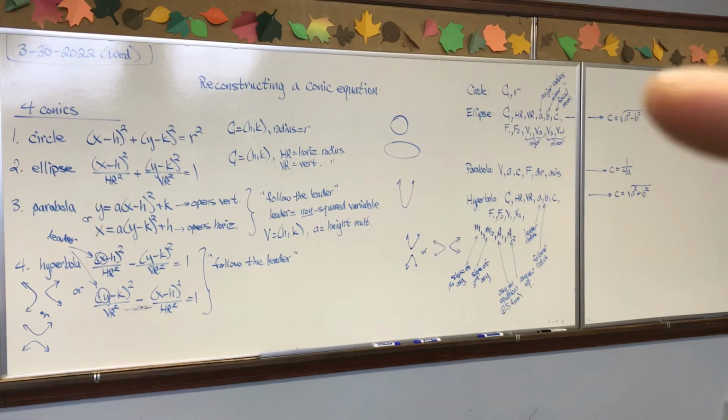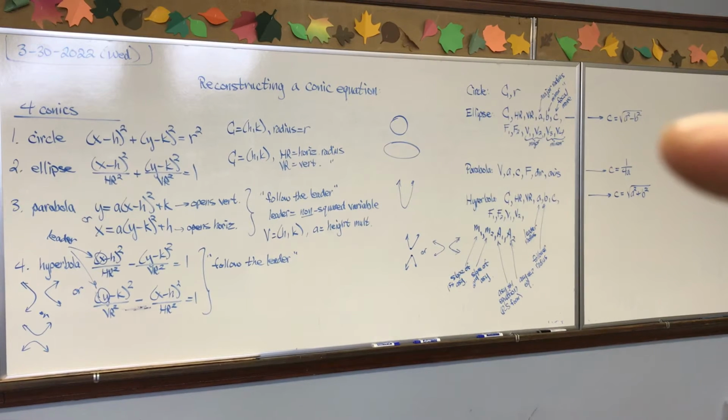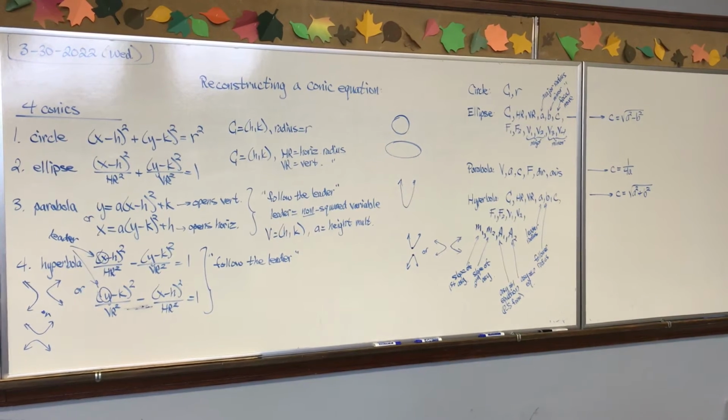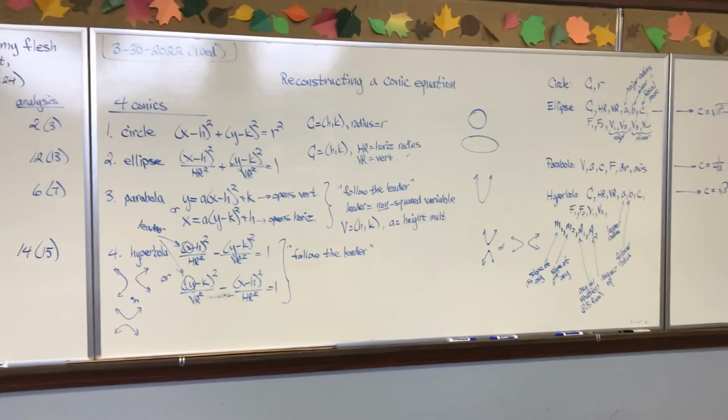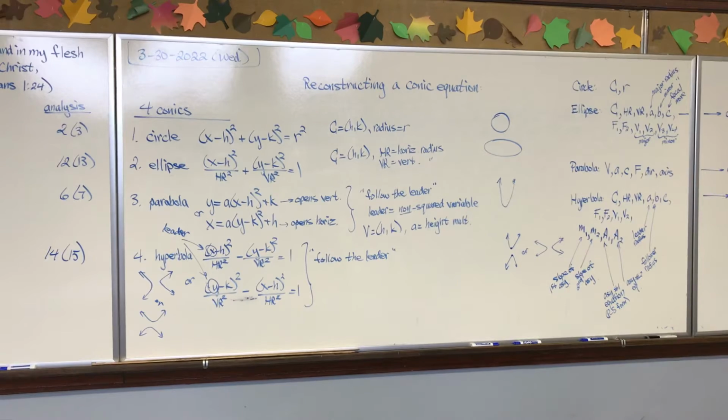That's the focal move for an ellipse. Second one, C equals 1 over 4A, focal move for a parabola. Third, C equals radical A squared plus B squared. Sorry, my finger is wobbling. The focal move for a hyperbola.